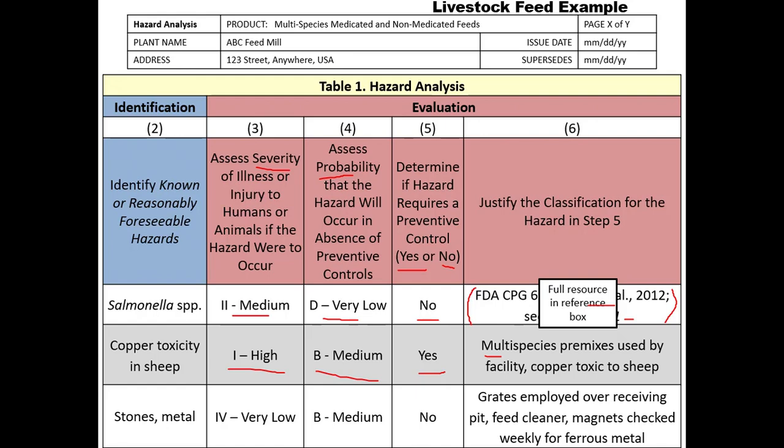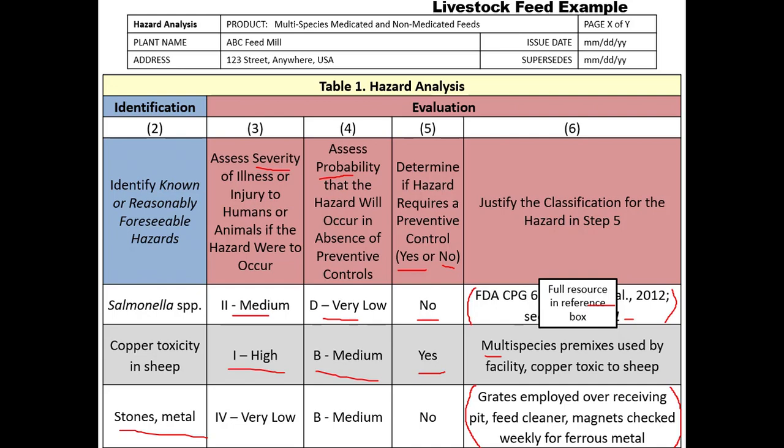Okay, great. Let's take a look at the stones and metal hazard that we have in the bottom category. Severity was very low, probability was medium, and they said no, they don't need a preventive control. And then take a look at this description right here. Grates employed over receiving pit, feed cleaner, magnets checked weekly for ferrous metal.